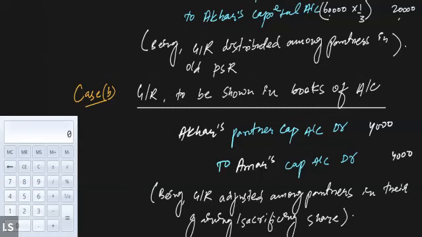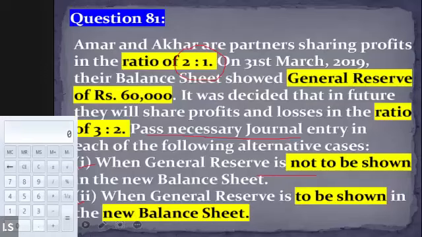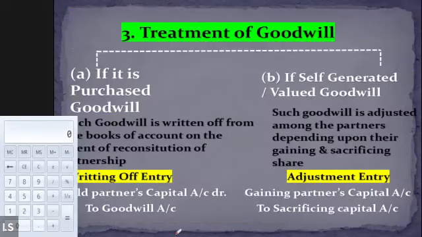Okay, so we need to discuss one more topic other than the general reserve. I needed to discuss the treatment of the goodwill as well. The next heading, all of you put this heading in your notebook: treatment of goodwill. How we will be treating the value of the goodwill in a situation of reconstitution.